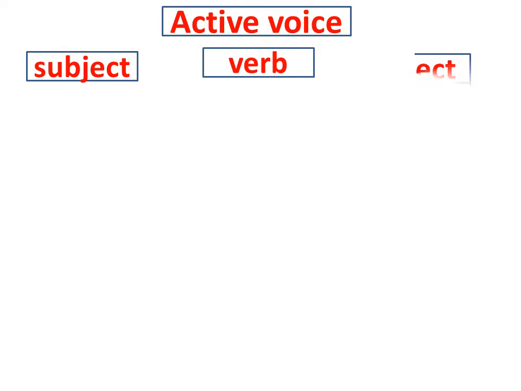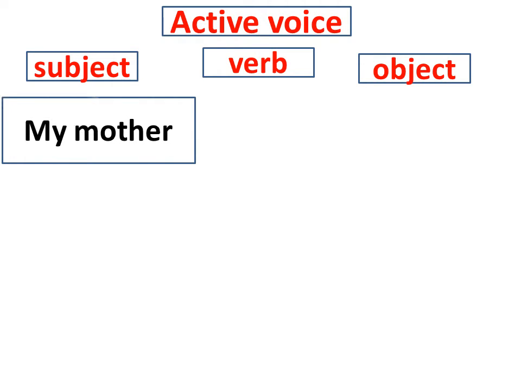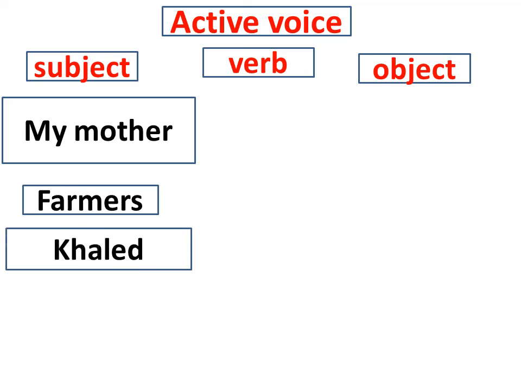Active voice, again, let's remind you. We start with the subject, then the verb, then the object. Examples for the subject: my mother, farmers, Khalid, Omar, my friend, my dad, I, we, you, whoever you started the sentence with.